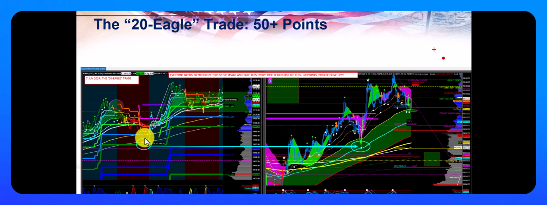Add to your position on the winners. I'm not talking about dollar cost averaging. I'm talking about adding to a winner. If you have that smaller profit target range that I was talking about, of having 3 points, 5 points, and then 8, 10, 12, and 25, all right, then I could add.